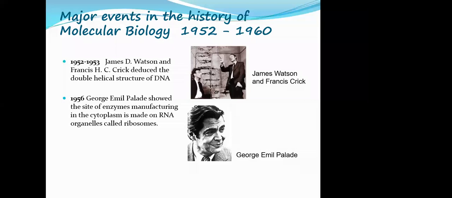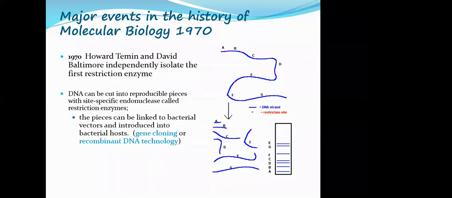In molecular biology, since the 50s, when Watson and Crick did studies about DNA, they found out that DNA is actually a double helical structure. After that, many people have studied and found out, for example, that ribosomes are organelles within which proteins are formed, and this was found by George Emile Palade. Then Howard Temin and David Baltimore isolated enzymes, the so-called restriction enzymes.